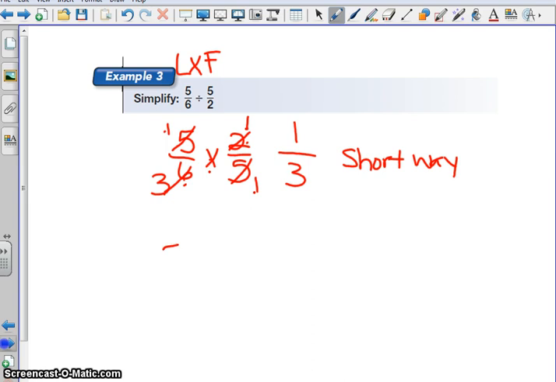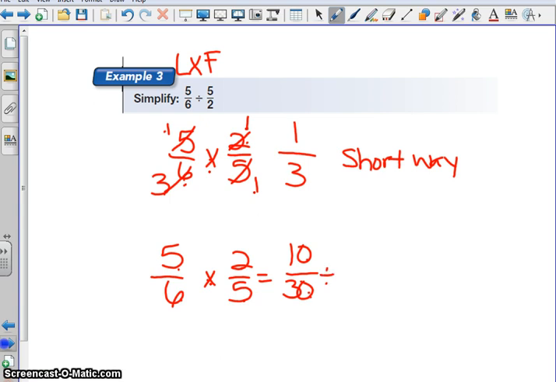If we were to do this the long way and not cancel, let me show you that you wouldn't get it wrong, you just might get a different answer first. 5 times 2 is 10, 6 times 5 is 30. Now you'd find the greatest common factor to reduce, because you notice that they both have a 0, which means they can be reduced, and they're both even numbers, so they can be reduced.